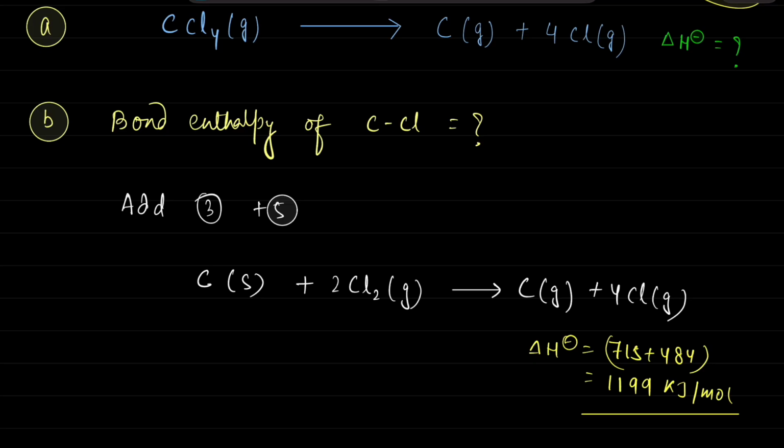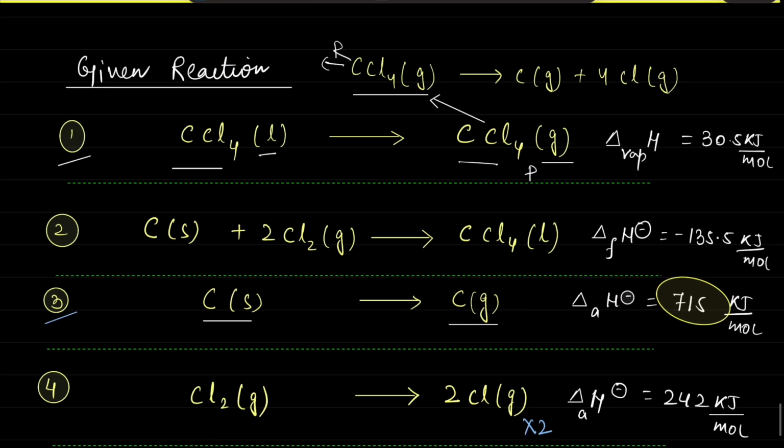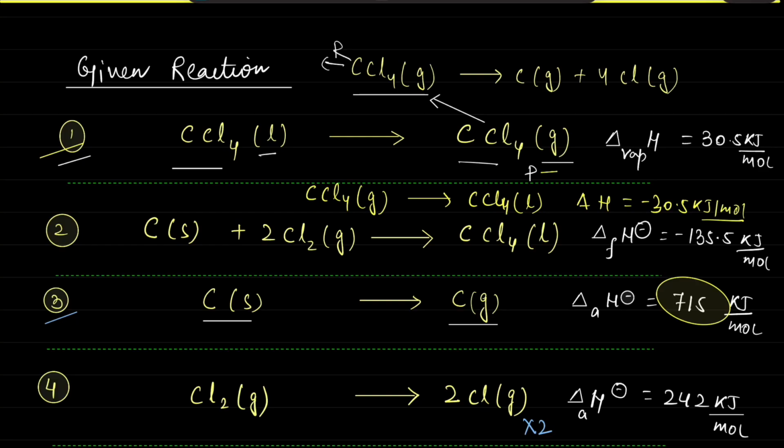Now we have to look into the first reaction. If we interchange it, the product will change to the reactant side. That means we can write it as CCl4 in the gaseous state forming CCl4 in the liquid state, and here the enthalpy will be minus 30.5 kilojoule per mole. And now we can add it with reactions 3 and 5 that we just did.